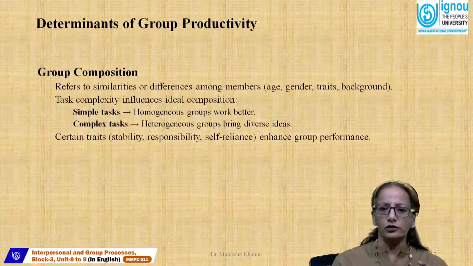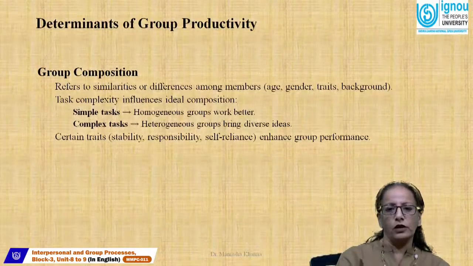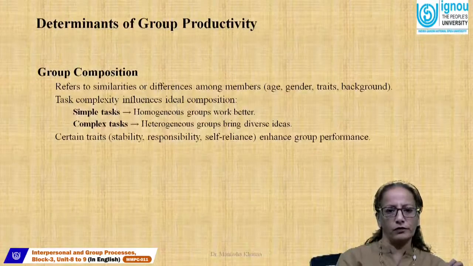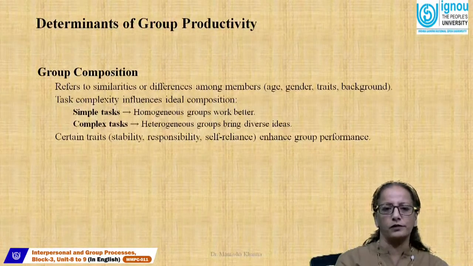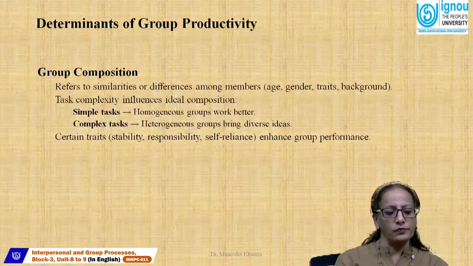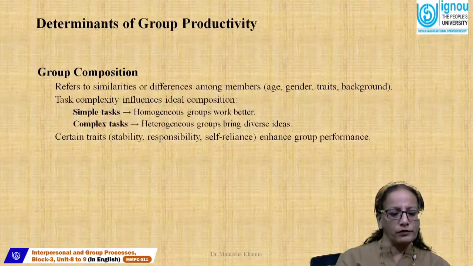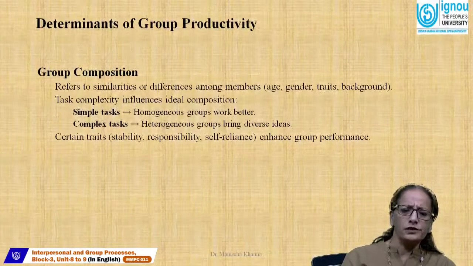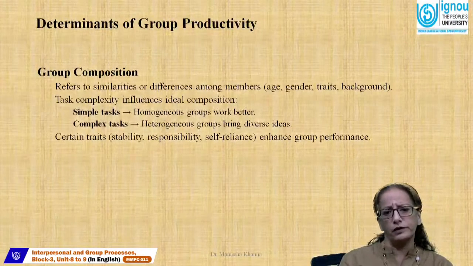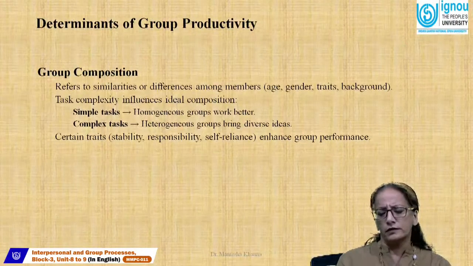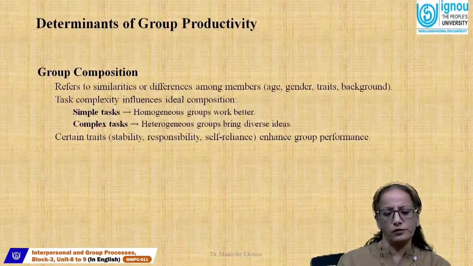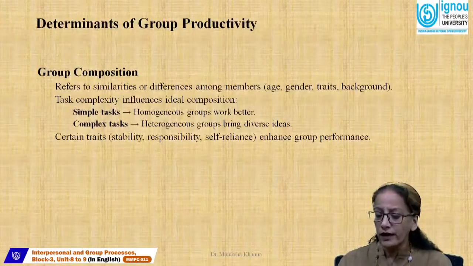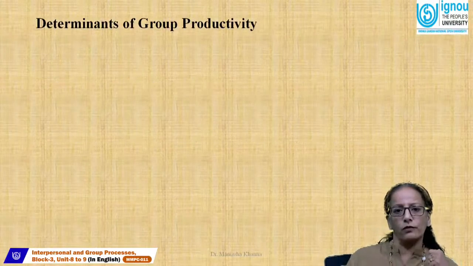So the heterogeneous group is preferred there, whereas in a simple task everyone is aligned with the task, so the homogeneous group is preferred. Traits like responsibility, self-reliance and stability enhance overall group performance.